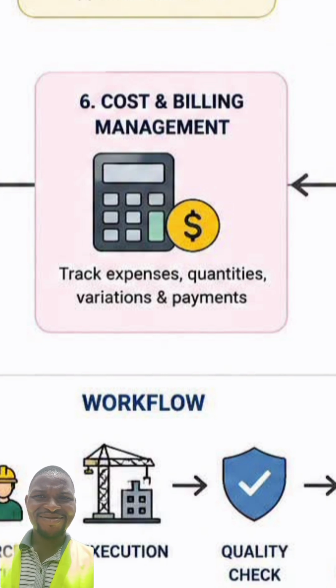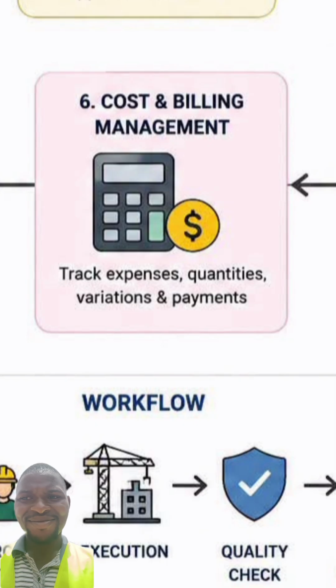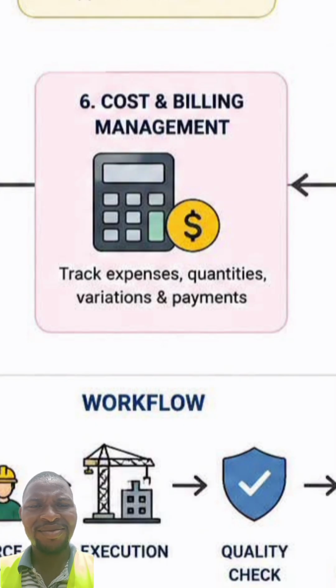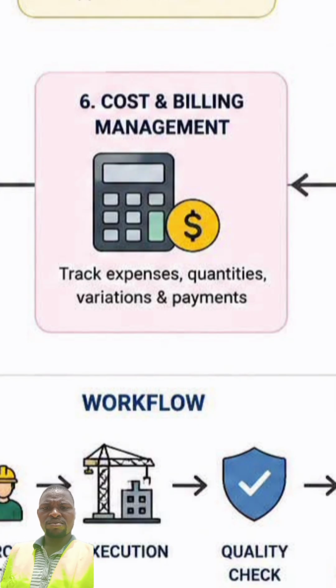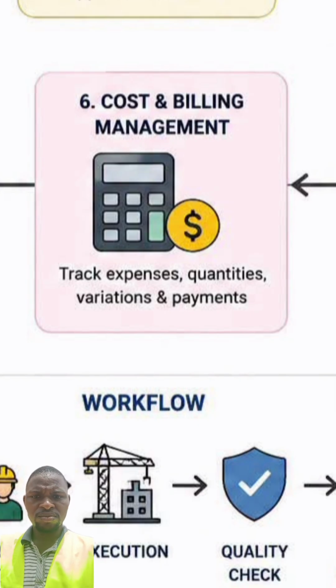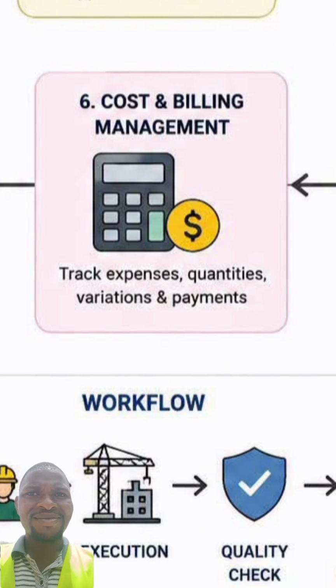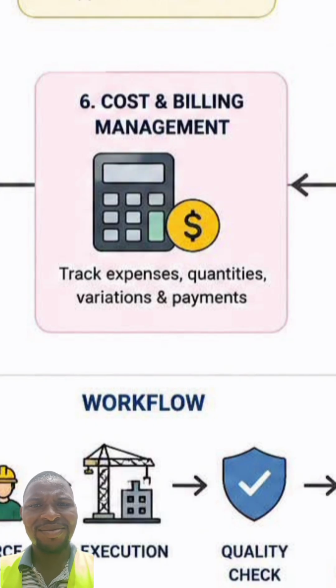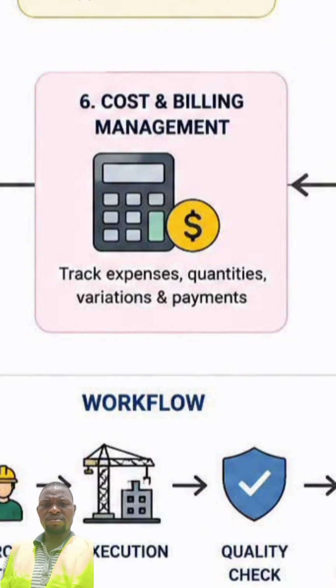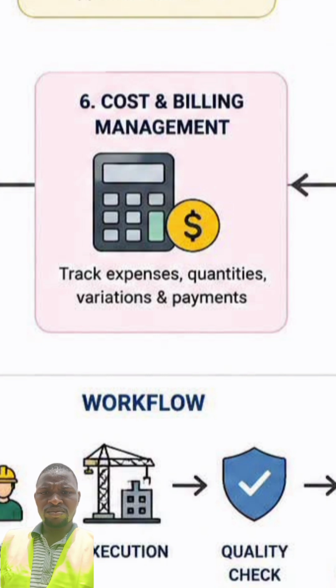Not that somebody will just write a specific quantity for you, you make payment without even asking them afterwards how many was bought, is there any balance to be returned to the office, and all those things. So these are very paramount. So your cost and billing management should be very efficient in this aspect, because this has a very big effect on you as a construction person.